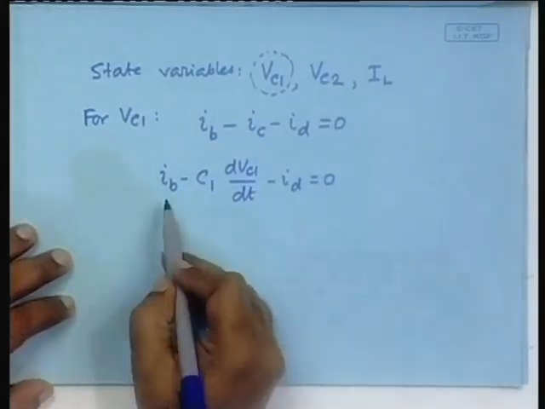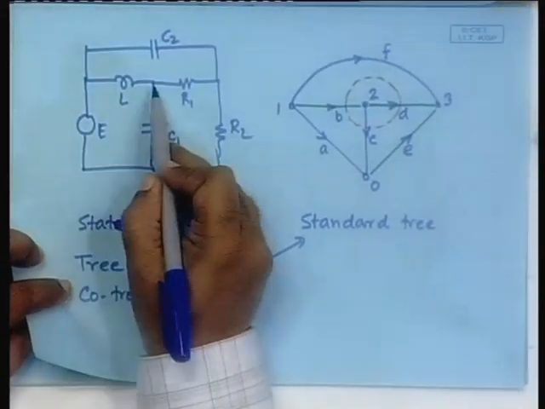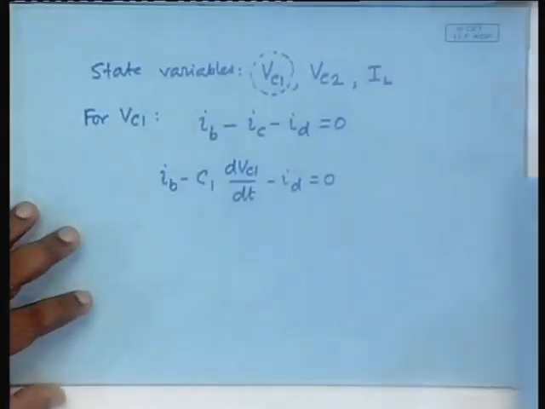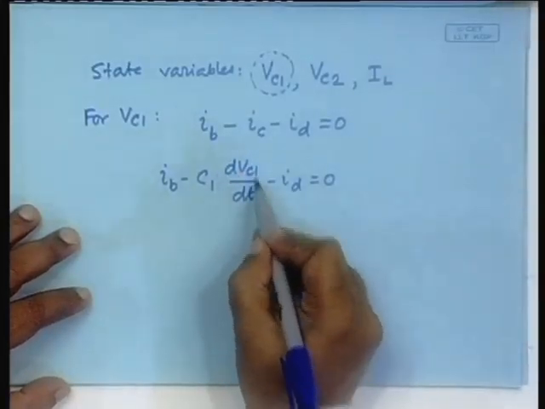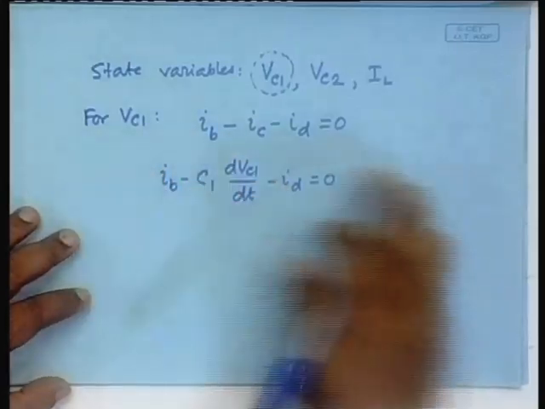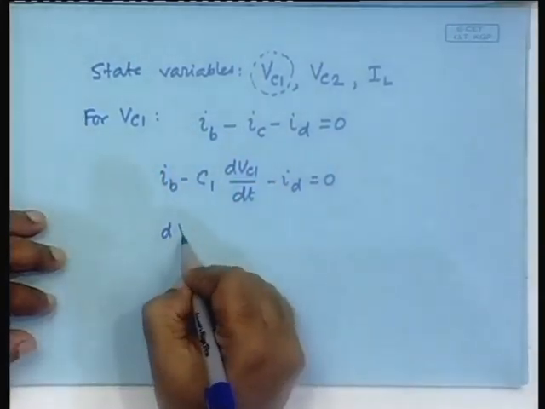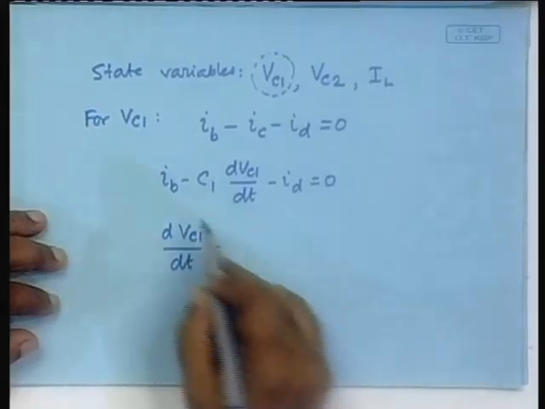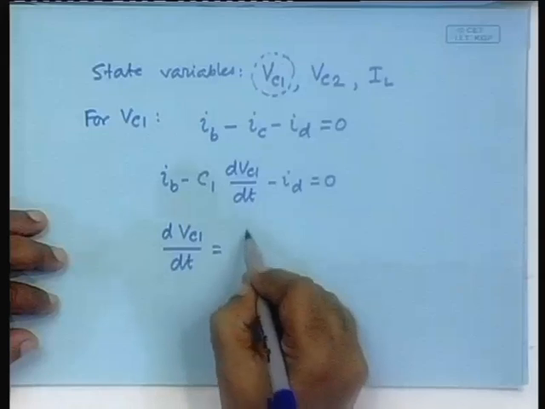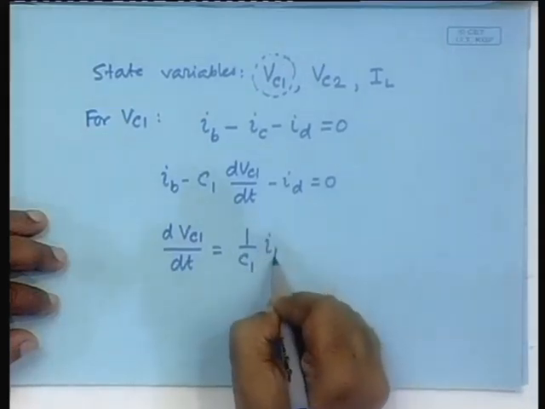Yes, IB is a state variable, here is IL, right, which is a state variable. So, we are happy. First let us take this one to the left hand side and the rest in the right hand side, the way we write differential equations. So, dVC1 dt is equal to 1 by C1 times IL minus ID.